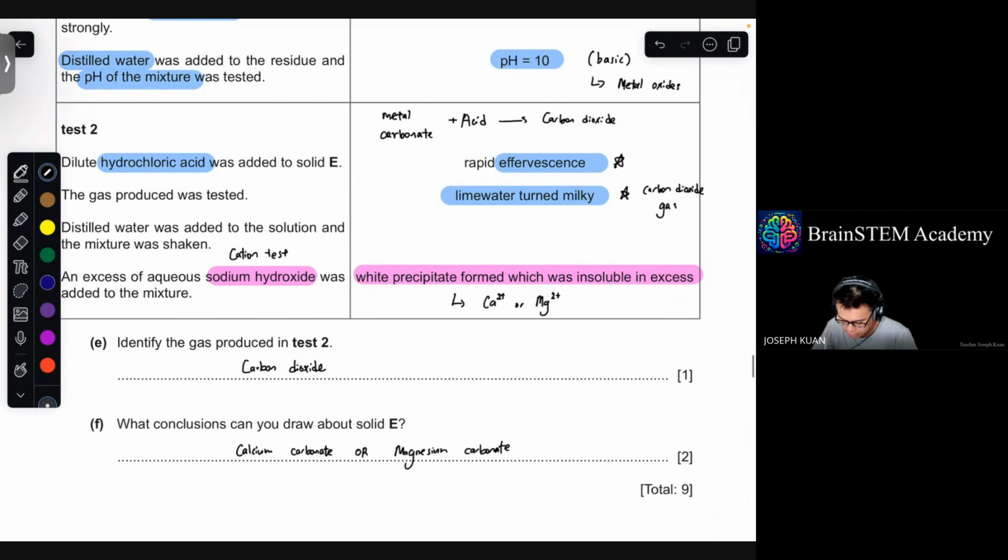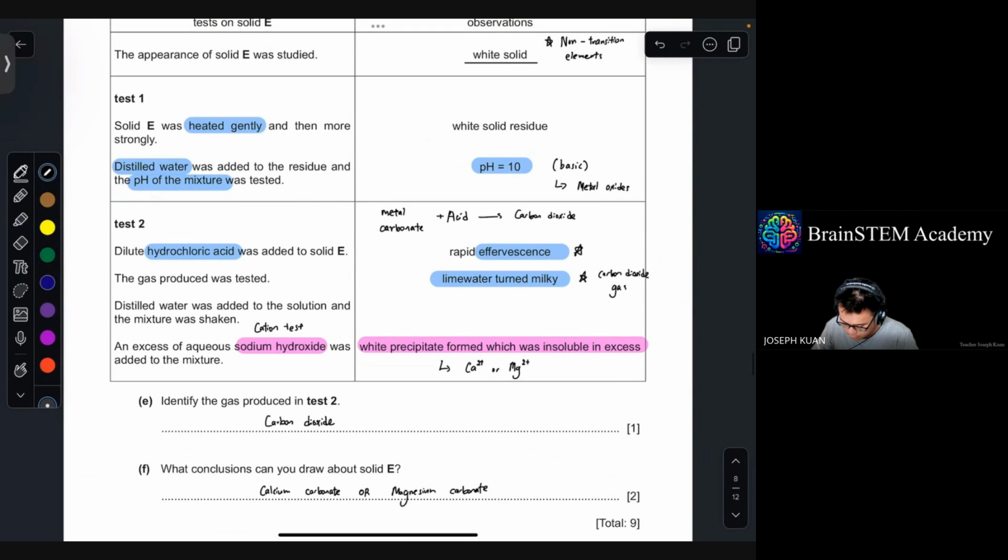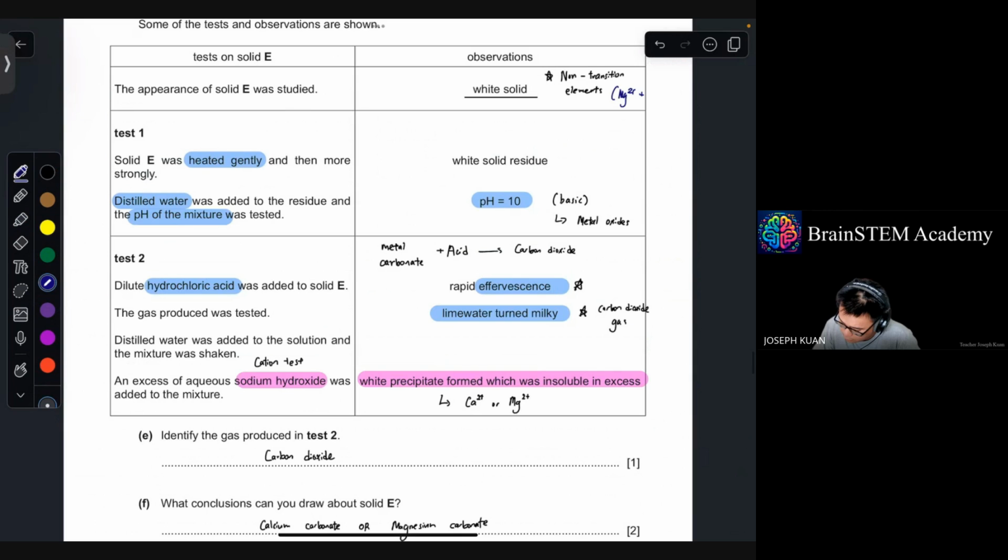Right, because let's just check everything all together. First of all, it is white in color for non-transition elements, which means magnesium or calcium, which is correct.